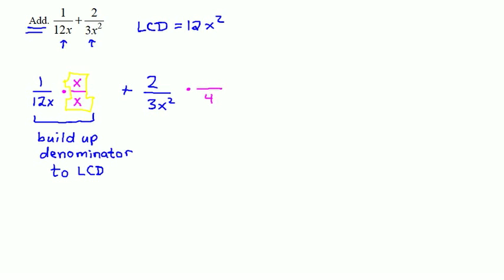If I had another factor of 4, that would bring it up to 12x squared. I can't multiply the denominator by 4 unless I also multiply the numerator by 4, so that again I am multiplying this expression by a ratio equal to 1. So that in both cases I am building up the denominator to have that LCD.